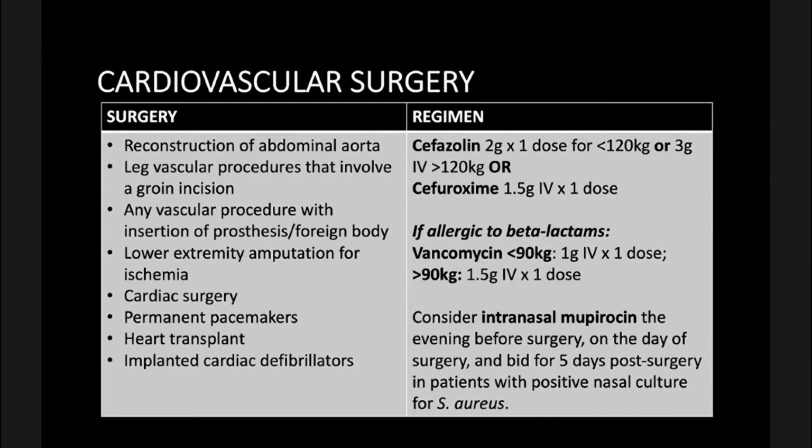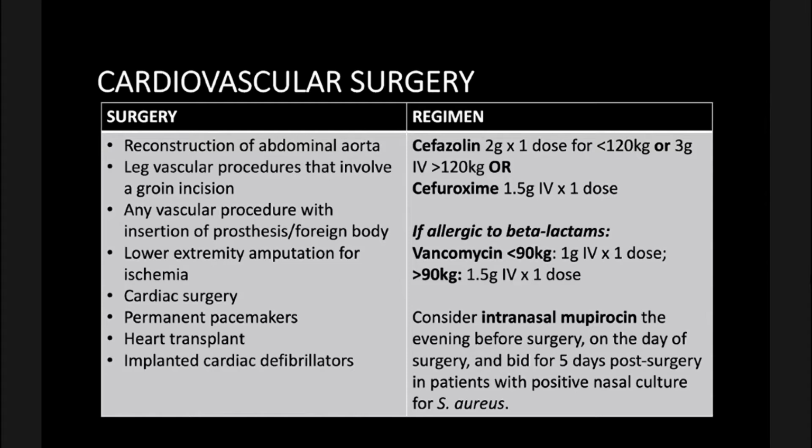So what are the recommended antibiotic prophylactic agents by surgical procedure? For cardiovascular surgery, you have cefazolin, cefuroxime. If allergic to both, then you can give vancomycin. And some surgeons are giving intranasal mupirocin as well. So you have the dosage right there.